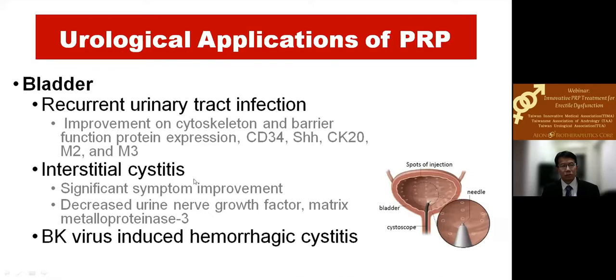And in interstitial cystitis, if we inject PRP into the patient's bladder, there was also significant symptom improvement and decreased urinary nerve growth factor and matrix metalloproteinase 3. And it is also used in BK virus-induced hemorrhagic cystitis.